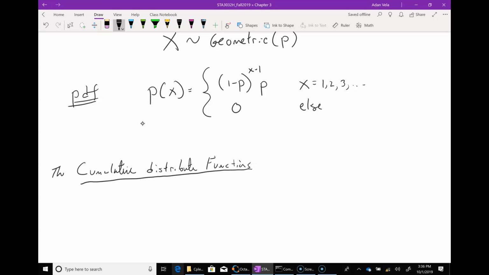So the cumulative distribution function, and we'll call it a CDF for shorthand, we'll denote it as capital F of x.